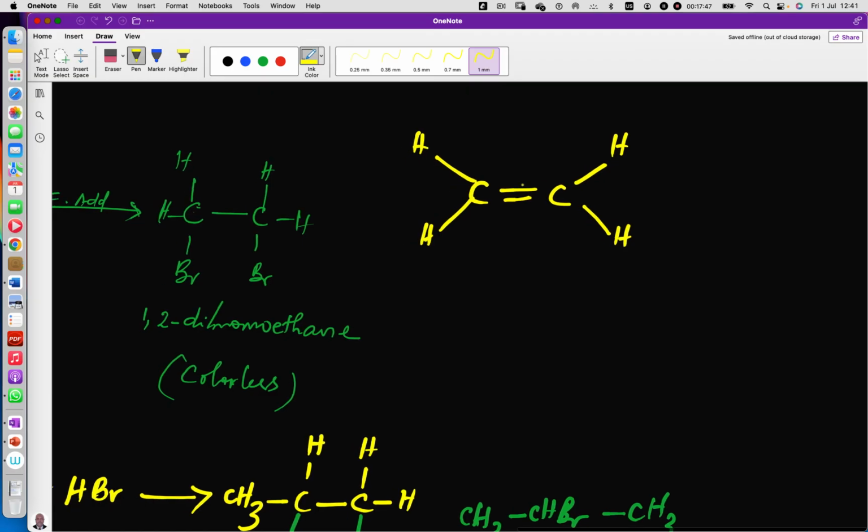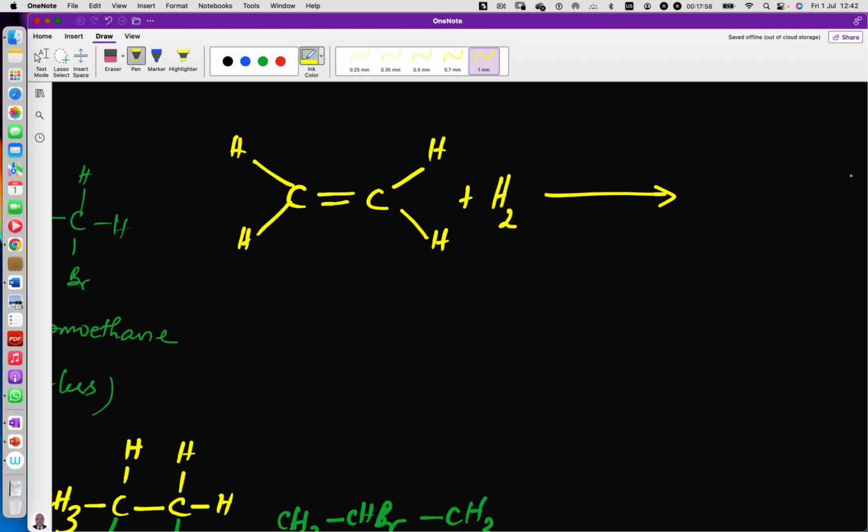That is the alkene molecule. Now the alkene molecule plus hydrogen is passed through what we call a nickel catalyst.